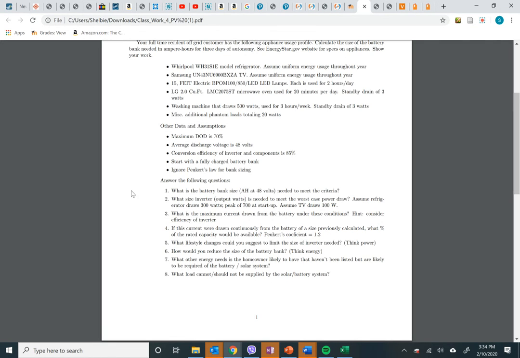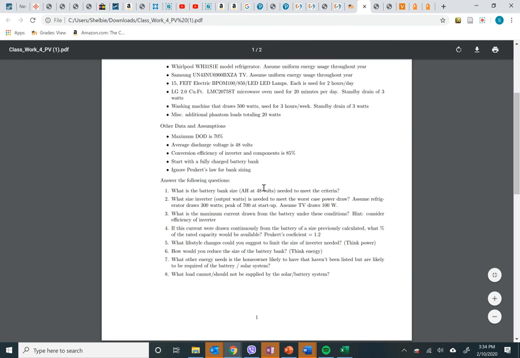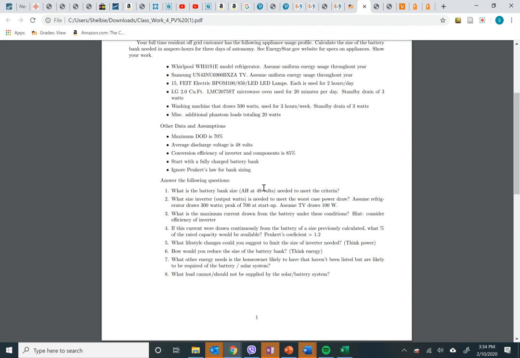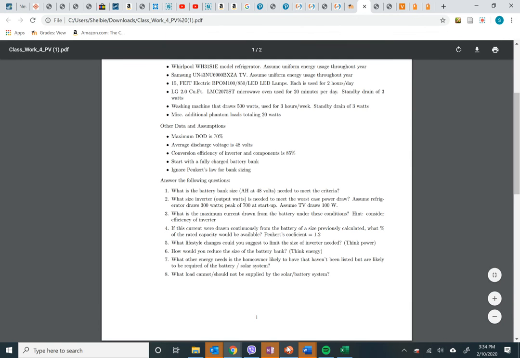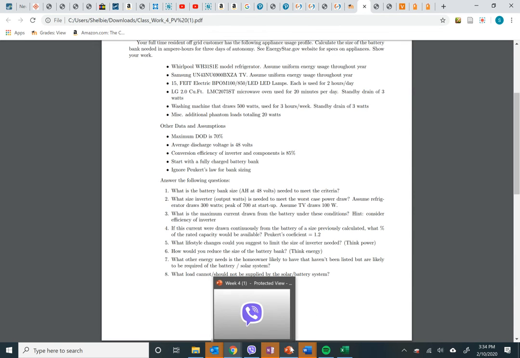No, I don't think so. Good question. So for surge, surge would be something like if you start up a table saw, like a motor or something, then that's where your power peaks for a certain amount of time, like could be seconds. And so you have to account for that when you're sizing your inverter. But I don't think we have anything like that. So we should be fine.